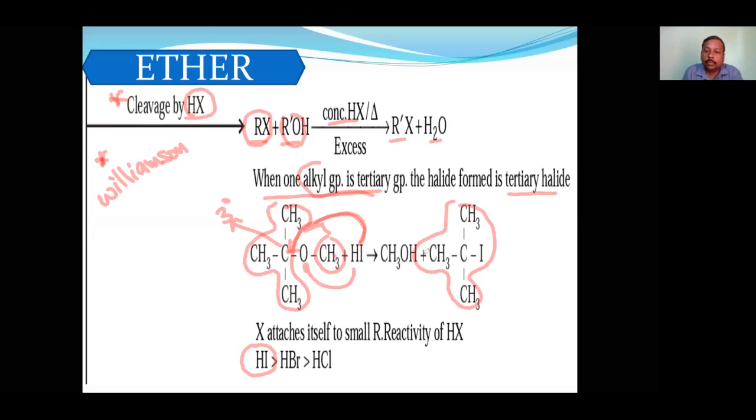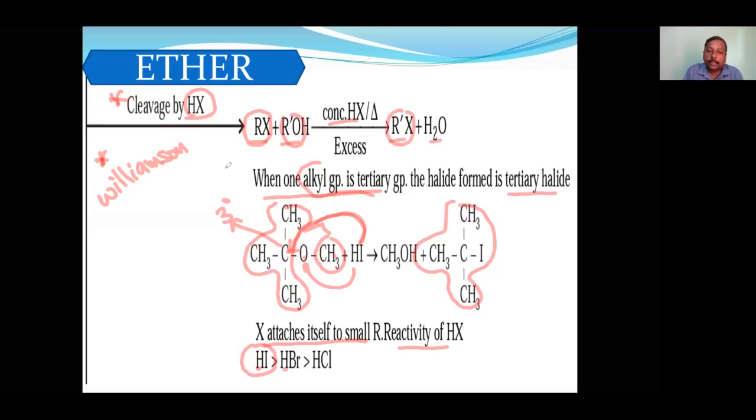So CH3OH. Is that clear? So X always attaches to the smaller group. Reactivity of HX: HI greater than HBr greater than HCl. Is it understood?